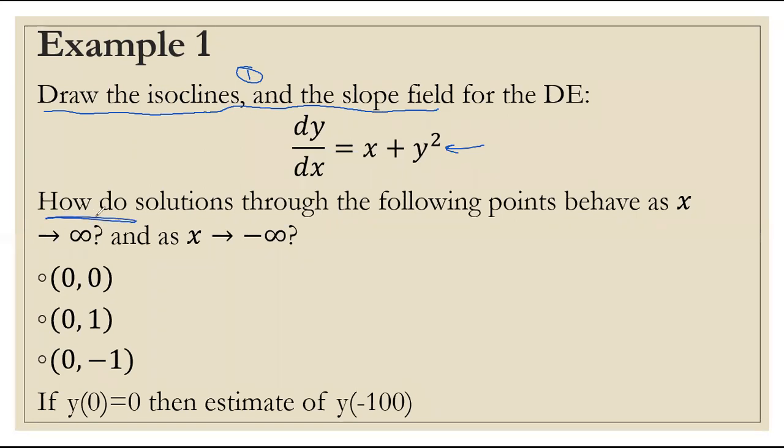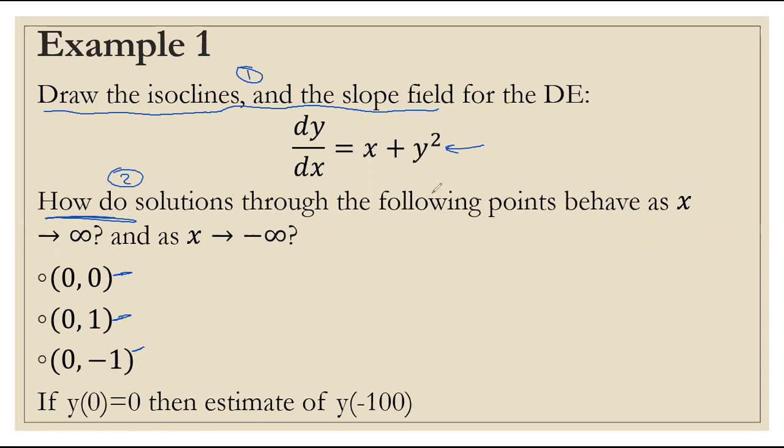Second question: how will the solutions through the following points, first point, second point, third point, look? He needs me to draw the solution of this differential equation without solving it, but depending on the isoclines and slope field. I'm going to explain in detail.